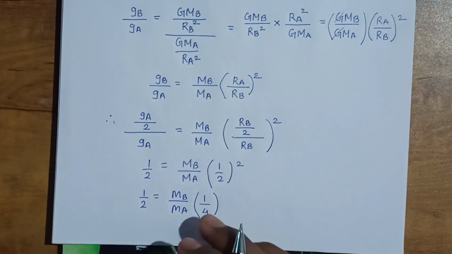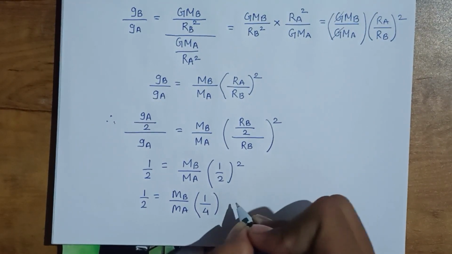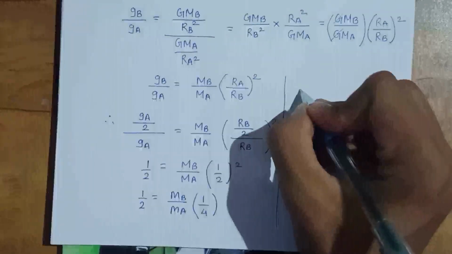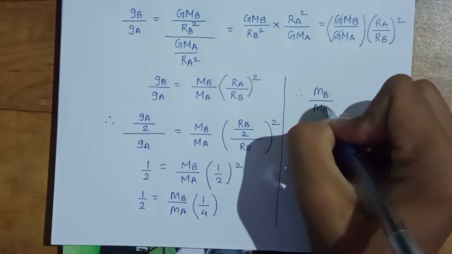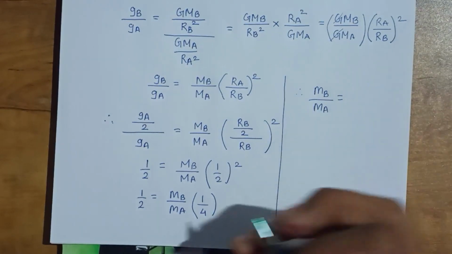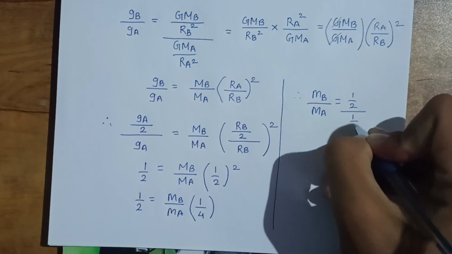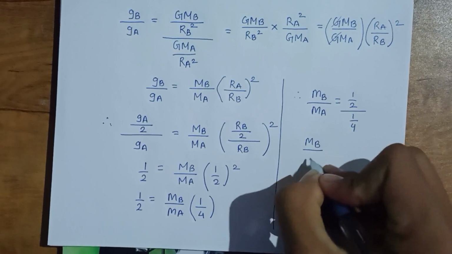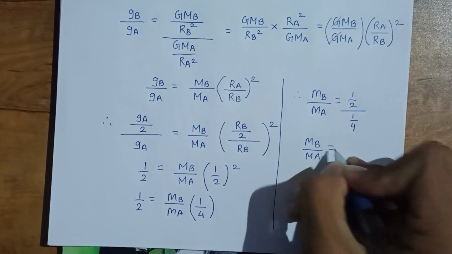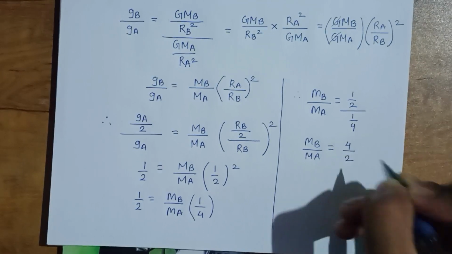Okay, so now this will go here, it will become division. So 1 by 4, therefore I will write in terms of MB by MA equals to half divided by 1 by 4. So 1 by 4 will go upside, so it will become 4 by 2.